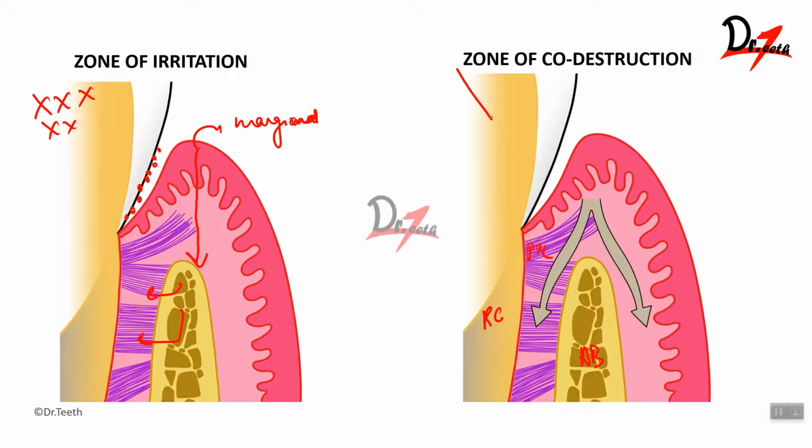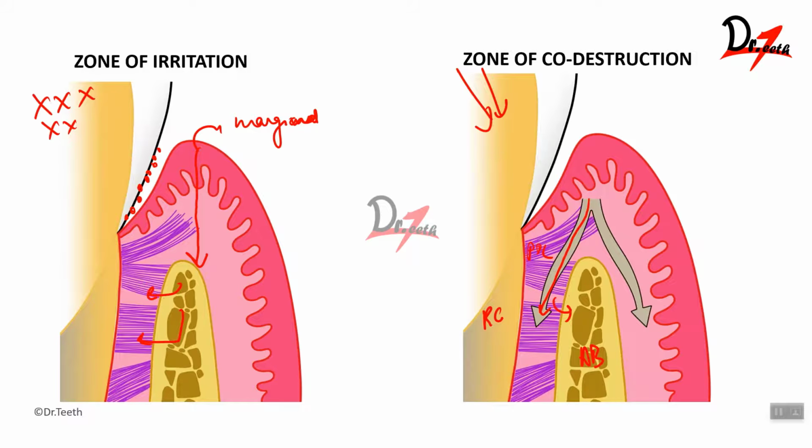So there are abnormal forces acting on this particular tooth, and here the spread of inflammation is directly towards the periodontal ligament. So as you can see, the inflammation spreads into the periodontal ligament, following which it goes into the alveolar bone. So here we see more or less angular bone defects with infrabony pockets.